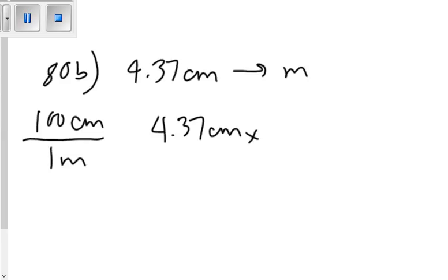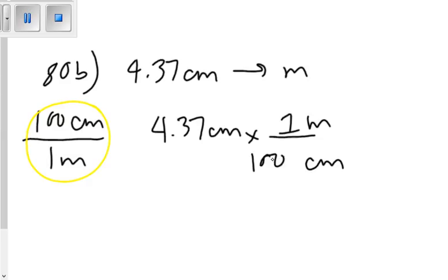I want to multiply it by my conversion factor over here in a way that cancels centimeters. So I want centimeters on the bottom, meters on the top. 1 meter is 100 centimeters. So to solve for that, you're just taking 4.37 divided by 100, and you can just move the decimal place over, and you would get 0.0437 meters. You could write it in scientific notation, but it's not that small of a number.